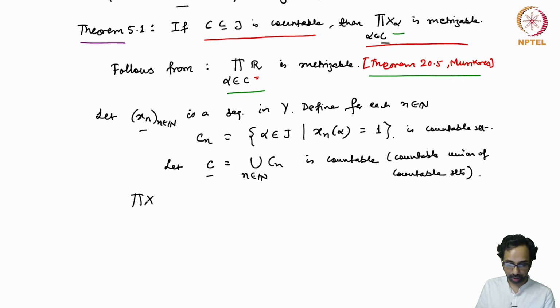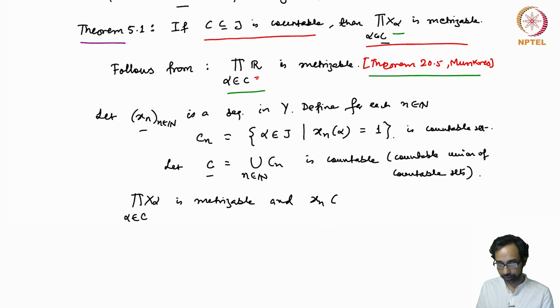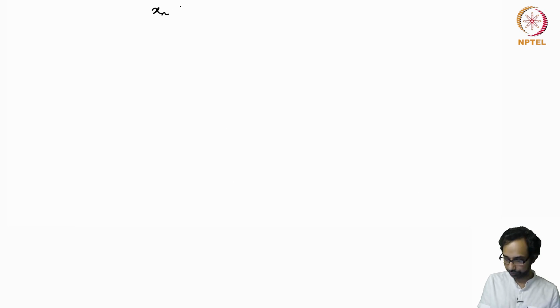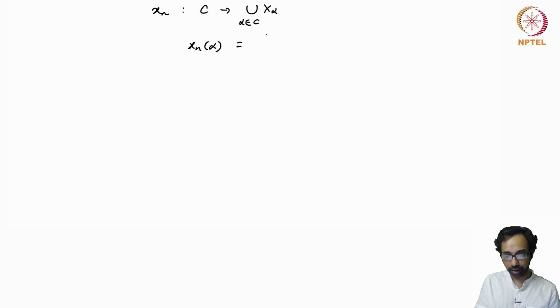And now we choose this C to note that the arbitrary Cartesian product over X alpha, alpha in C, is metrizable, and x_n belongs to this space for all n in N. This is because x_n can be viewed as a map from C to the union of these X alphas, where x_n(alpha) is equal to 1 if alpha belongs to C_n.